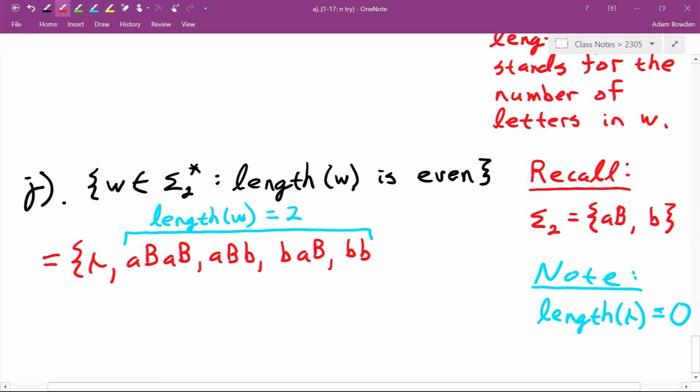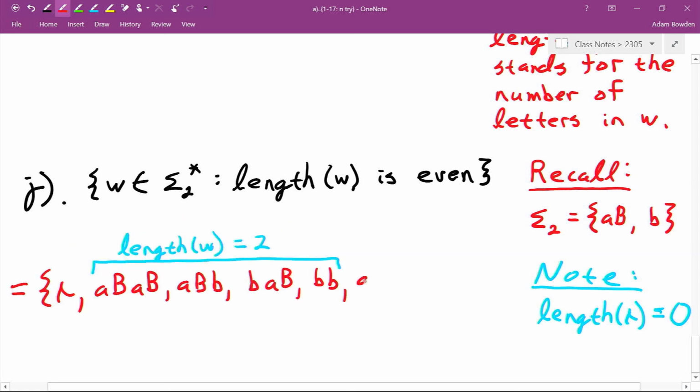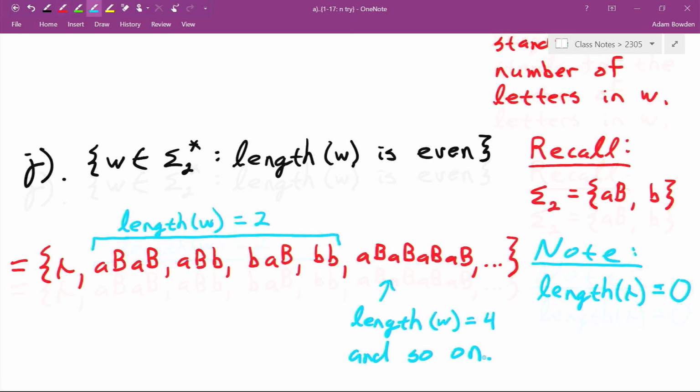And then from there, it would continue with words of length 4, and so on. So this is an example of a set containing the words from this alphabet that have even length.